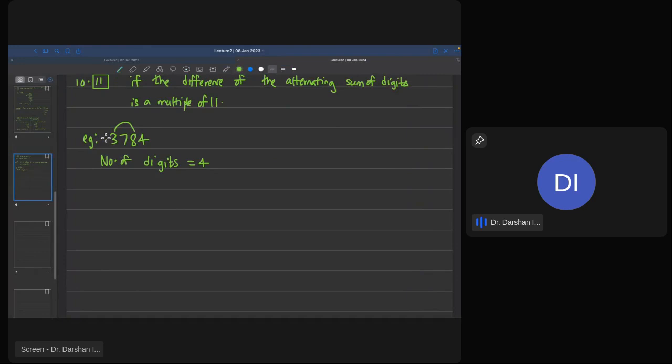You start from the leftmost side. Alternating pair 1 is 3 and 8. Alternating pair 2 is 7 and 4.